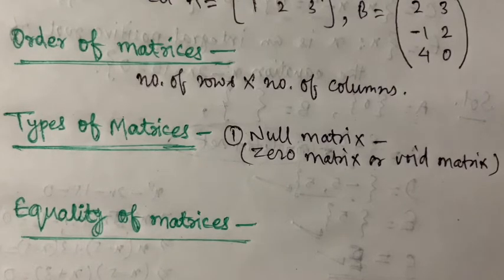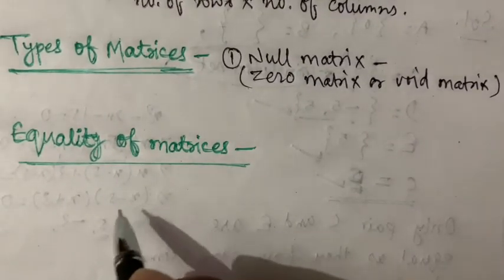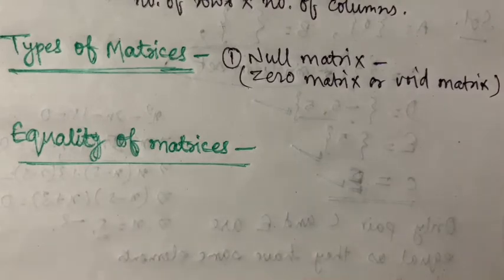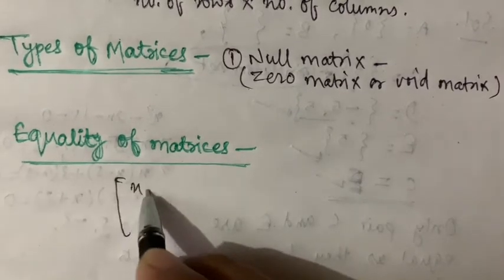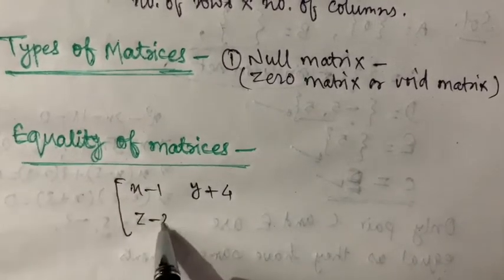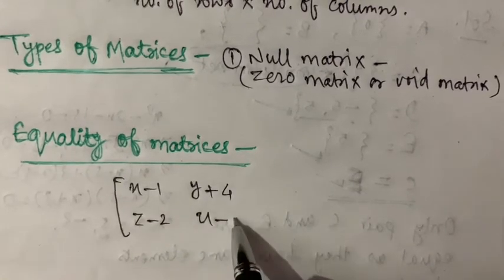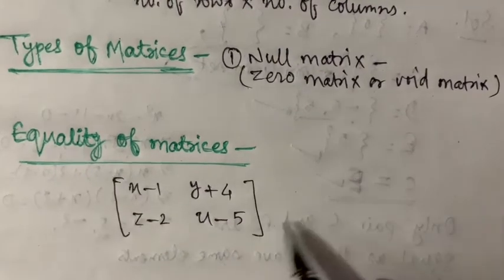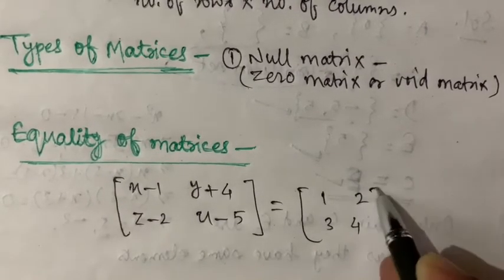Equality of matrices. By equality of matrices, the corresponding elements of the matrices should be the same. And on the basis of this, we had some questions there, like if we have x minus 1, y plus 4, z minus 2, and u minus 5 equal to 1, 2, 3, 4, let us suppose.